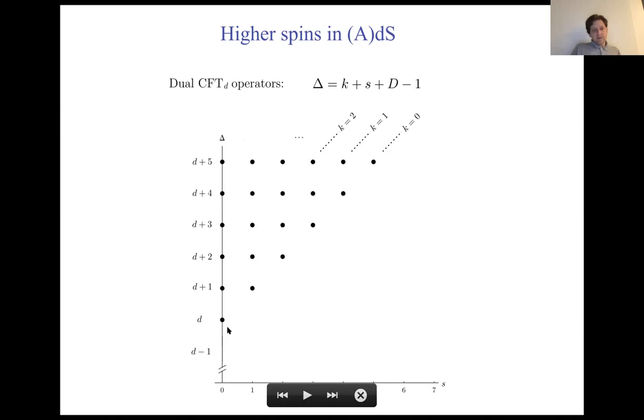For the scalars, the dots represent all these special shift values. At this value here is the massless scalar, here's the Galileon, here's the special Galileon, and the generalizations going up. For spin 1, this would be a shift symmetric vector, a Galileon vector, a special Galileon vector, and so on for all the higher spins. The label K, telling us the depth of shift, if you like, is going horizontally like this.